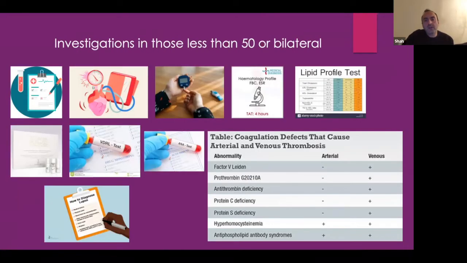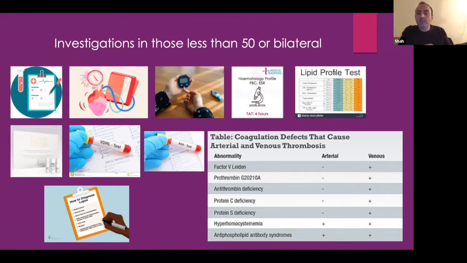And then if they are younger than 50, or if it's bilateral, so if they come with a bilateral presentation, then you do need to throw the book at them. And that does involve going through what I've just mentioned, plus a full lipid profile. You do a serum ACE to exclude sarcoid, VDRL for syphilis. ANA is a much nicer way of checking for inflammation.